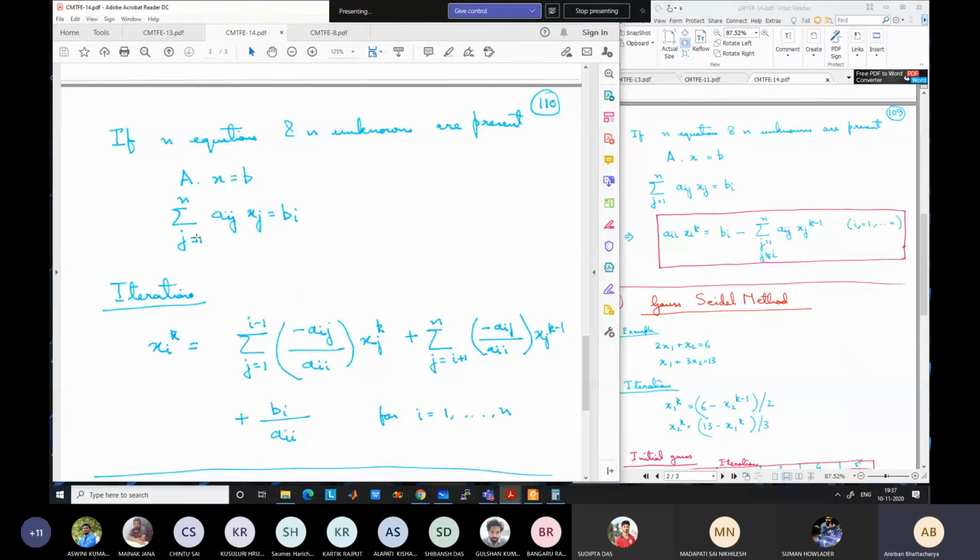This is one part. And the second part is all the j values after i, so if i is equal to 10, starting from 11, 12, 13, 14. So if n is say 20 and i is 10, then j is equal to 1 to 9 of aij xj, and another part will be j equal to 11 to 20 of aij xj.